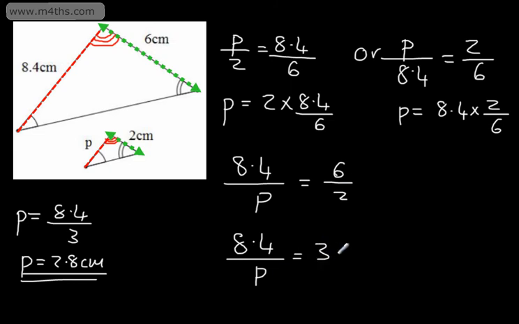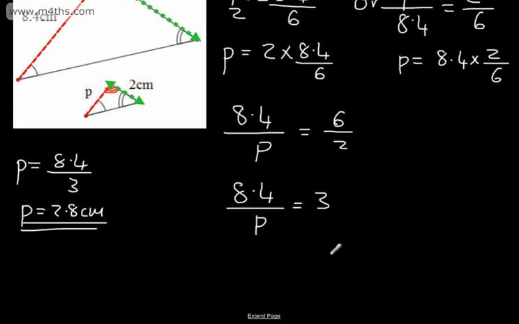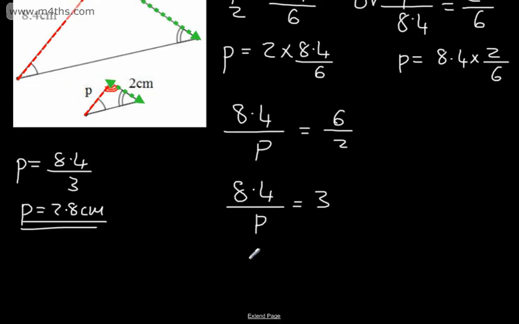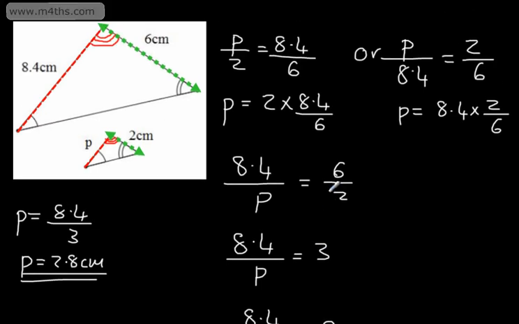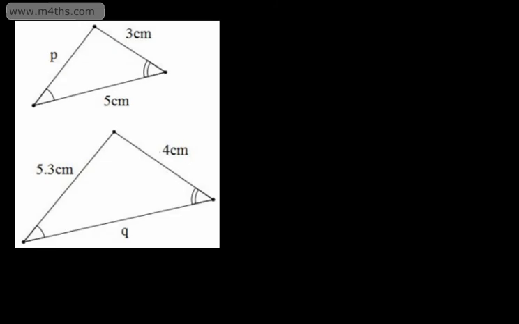That's not too bad because that gives us an integer, a whole number answer on the right. But if it didn't, it's going to be a bit messy. So 8.4 divided by 3 must be equal to P by simply swapping these over, dividing by 3, multiplying by P. But you can see it's a longer way round.